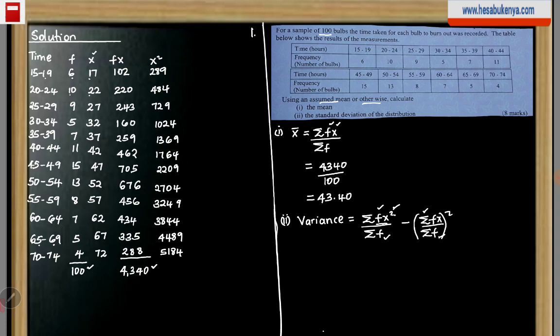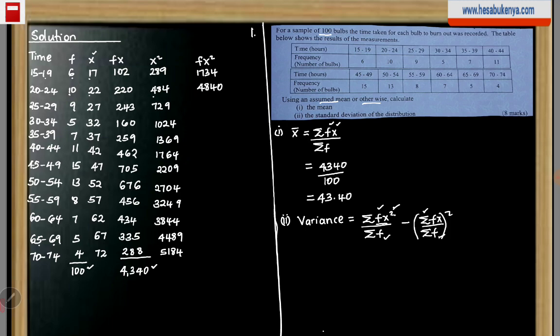Now that is x squared, but we also want fx squared. So we multiply x squared by our frequency. So we have another column of fx squared. So for the first row, 6 times 289 is 1734. Then 10 times 484 is 4840.